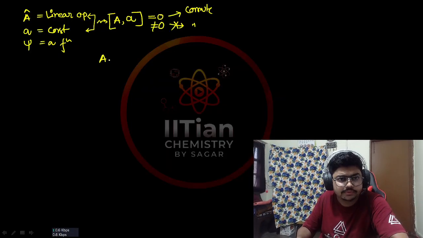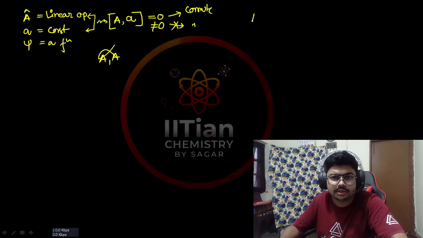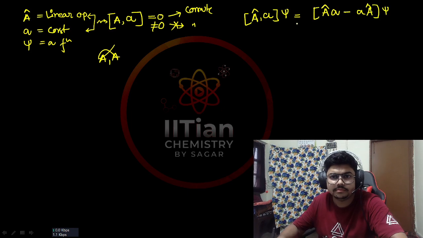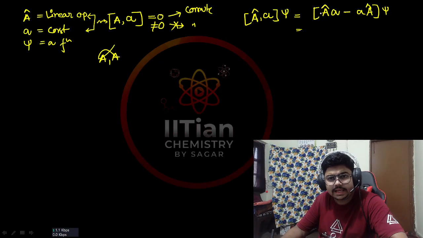Any operator A and constant entity a, if my arbitrary function is psi, then A a psi minus a A psi. Now A is a linear operator, which means the constant will go to this side.